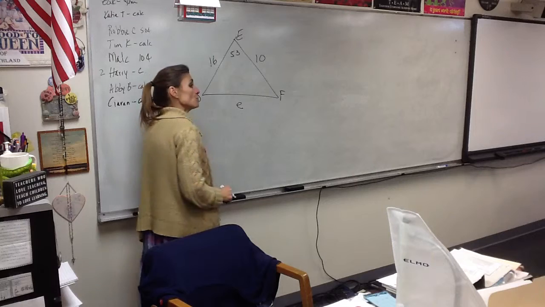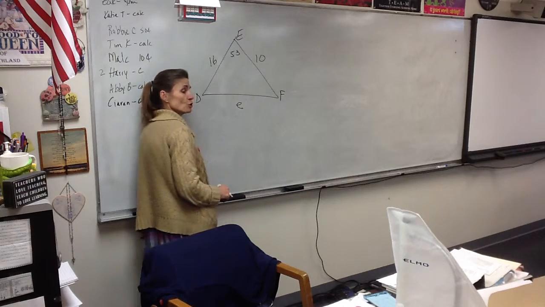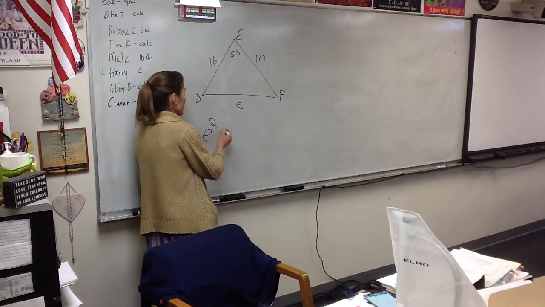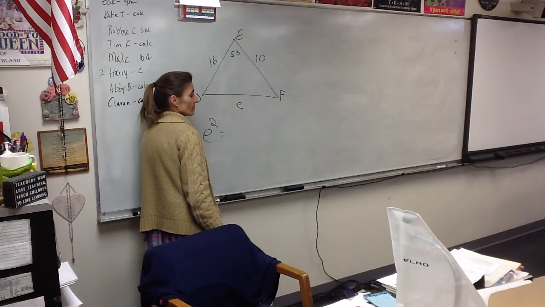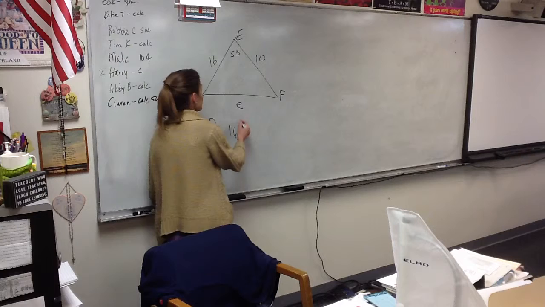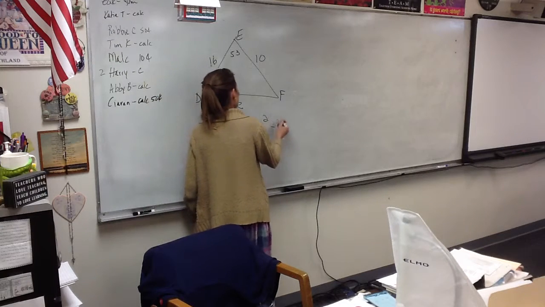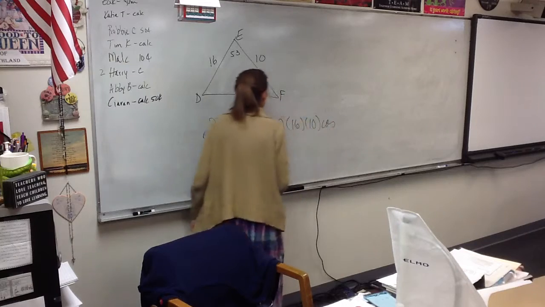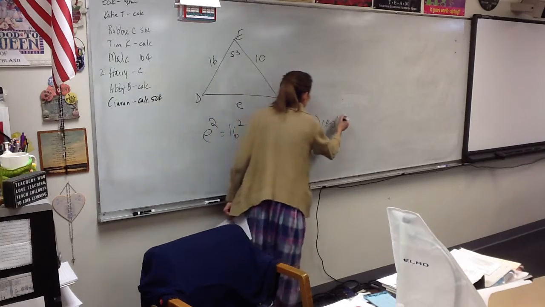So if you don't know how the law of cosines works, you need to pay close attention. E squared equals 16 squared plus 10 squared minus 2 times 16 times 10 times the cosine of 53.